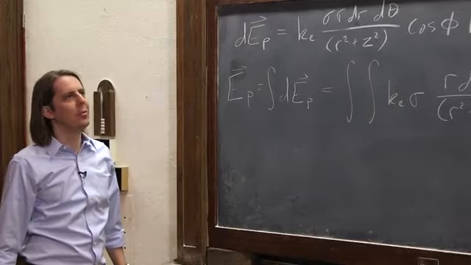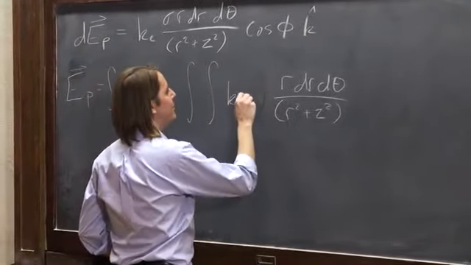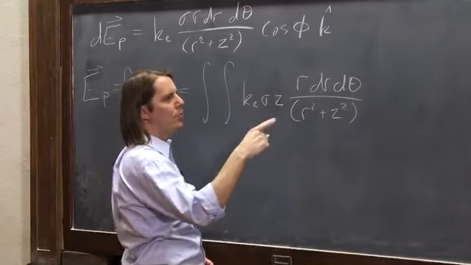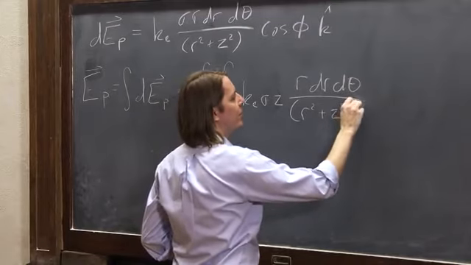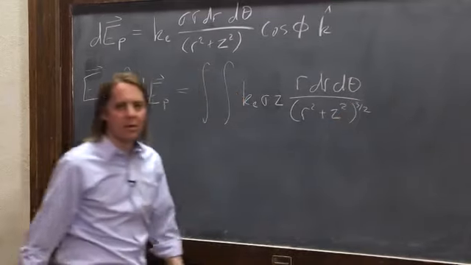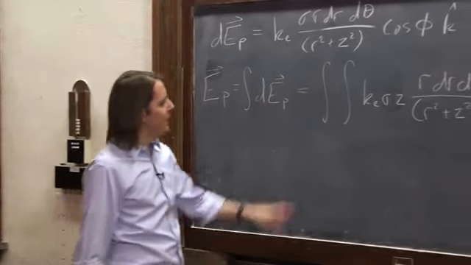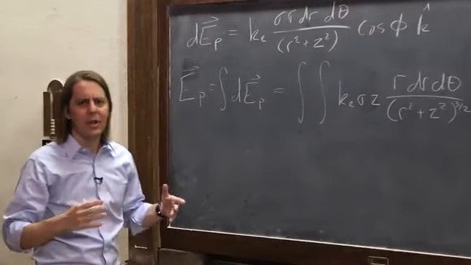Cosine's adjacent over hypotenuse. Adjacent was z, so there would be a z in here, and we fit it in here. And then the hypotenuse is the square root of r squared plus z squared, so there's another one of these in the denominator, which brings that to the 3/2, if you will allow me to skip a step there. So that's our integral.